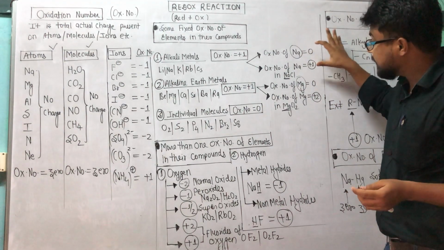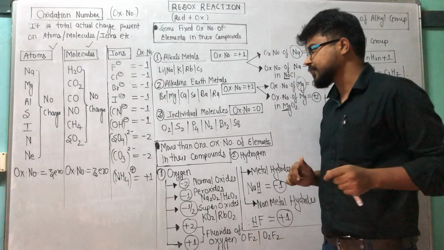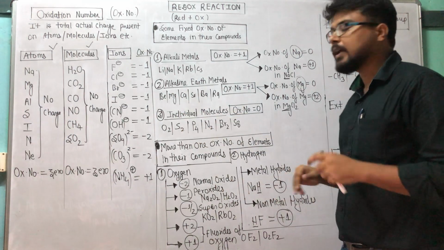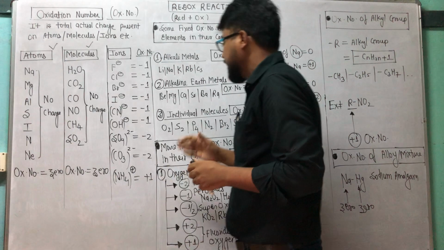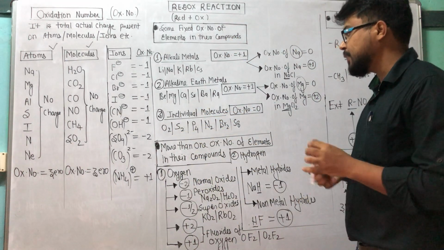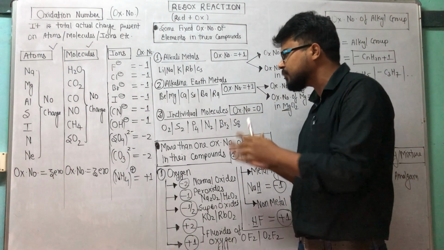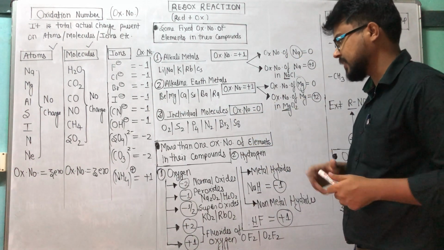So these two lines are very specific regarding ox number. Further, for an individual molecule the ox number is 0 because it comes under the molecule category: O2, S8, P4, N2, Br2. An individual molecule is a molecule formed by the same atoms.